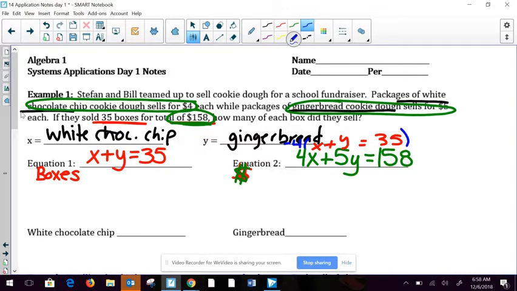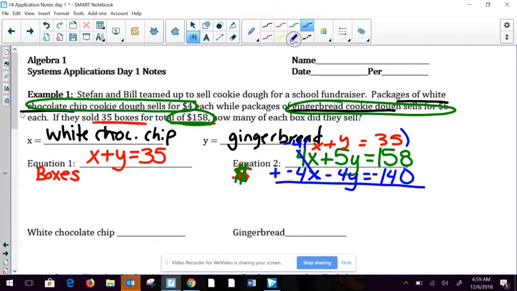So negative 4 times x is negative 4x. Negative 4 times y is a negative 4y, and that's equal to negative 4 times 35. Well, negative 4 times 35 is a negative 140. Now you can see that I have exact opposites and my x's cancel out.